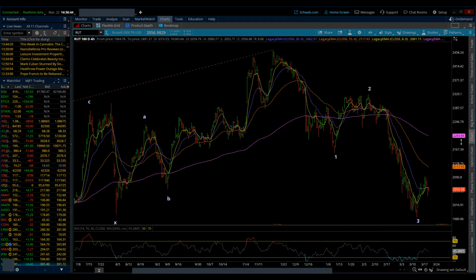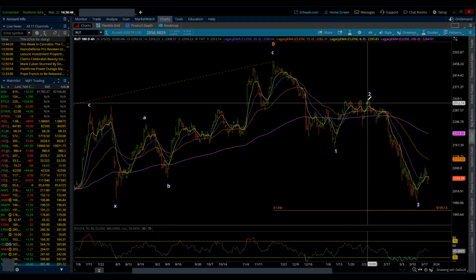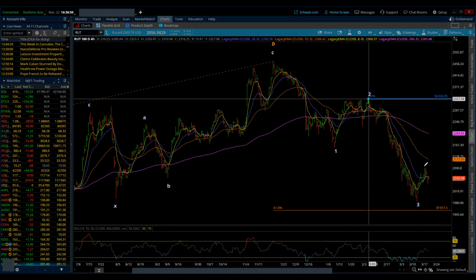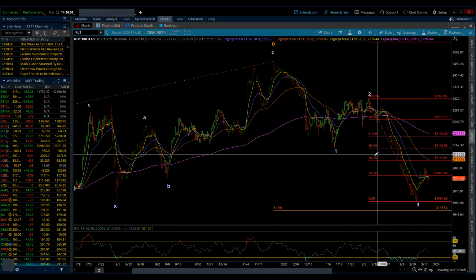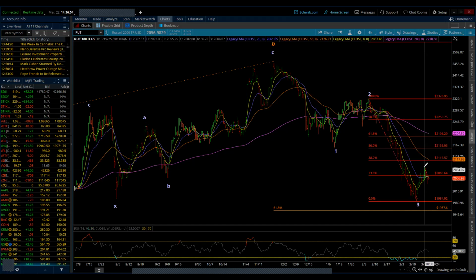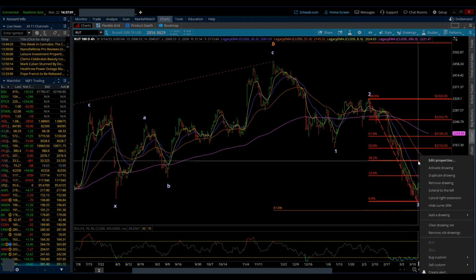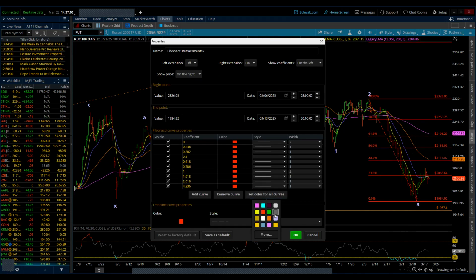If we're just going to figure that we're going to go back up, we can run our fibs here to where we think the market can come up to. And right now we're looking at 2115 would be 382. So on a minute degree, we can put that in right now.